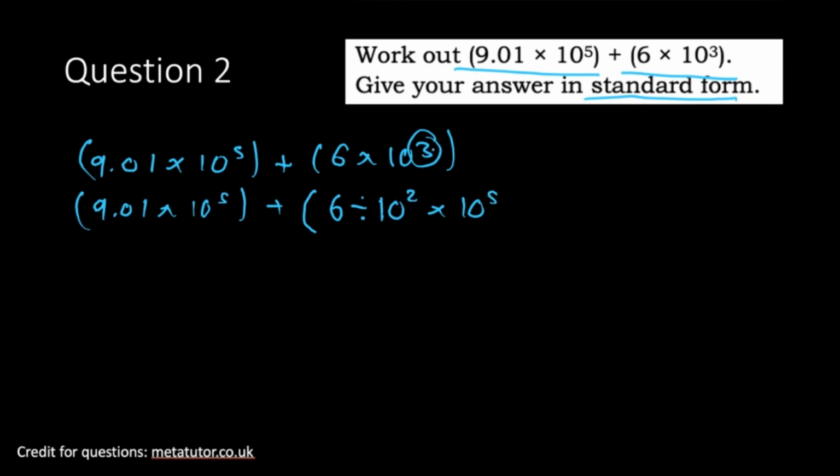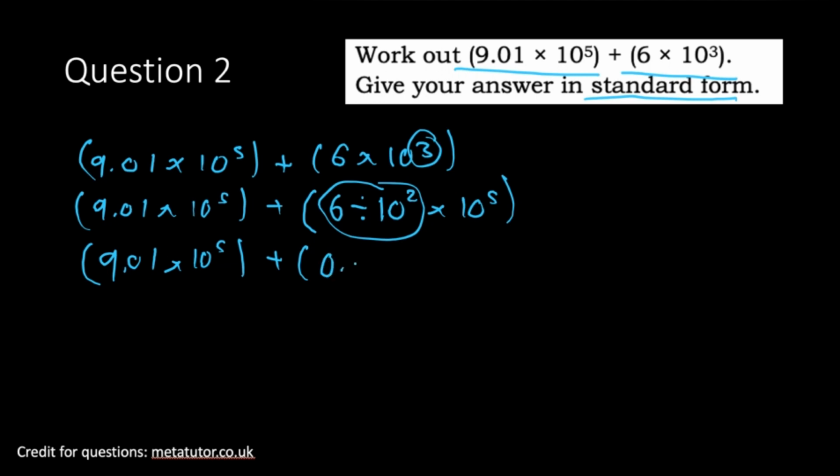You can split the 10 to the power of 3 like this, and then you do this first. So this would give you 9.01 times 10 to the power of 5 plus 0.06. Since I divided 6 by 100, this becomes 0.06 times 10 to the power of 5.